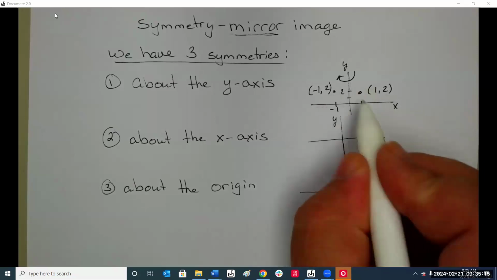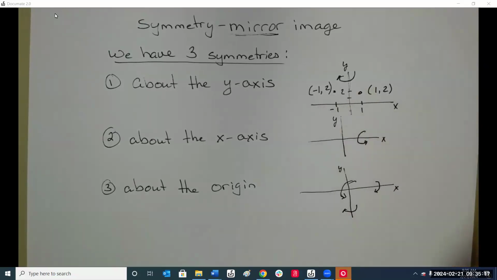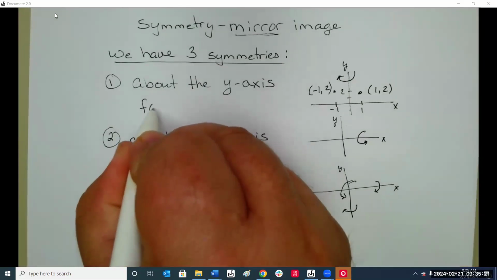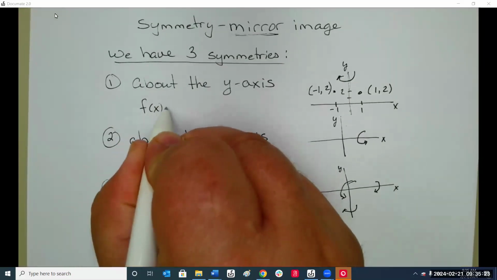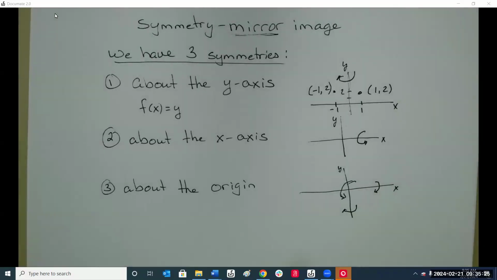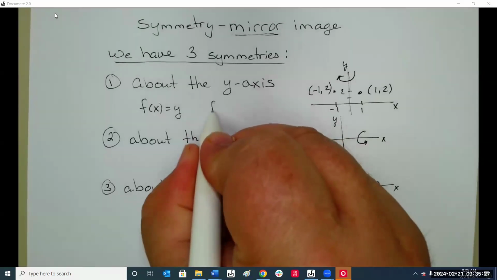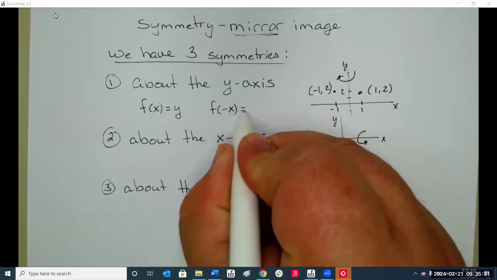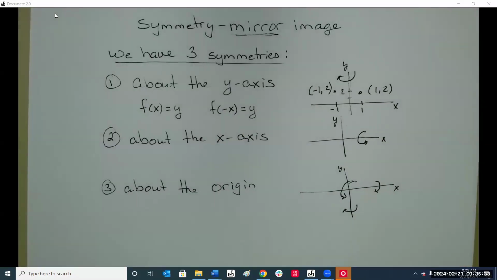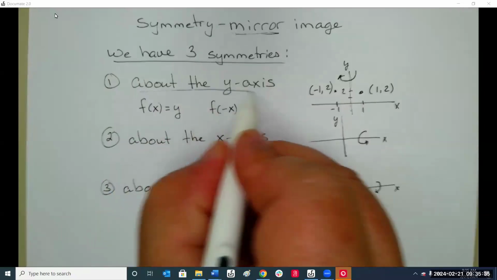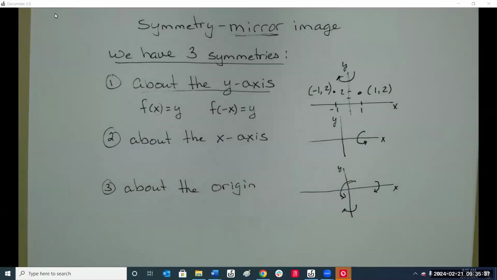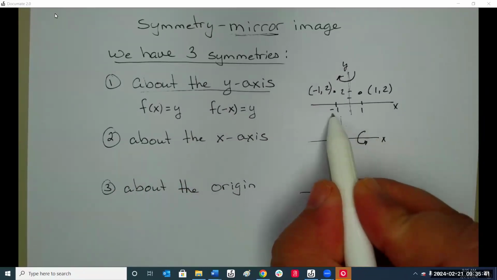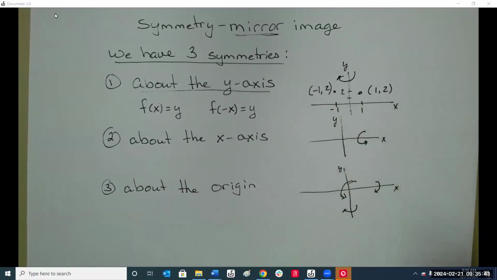So if it's about the y-axis, what's the only thing that changes? The x. If we start off with f of x and we get a y value, then if we put the same number in there but negative and we get the same y value, then it's symmetric about the y-axis. In other words, the only thing that changes is the x from positive x to negative x, and the y value stays the same.